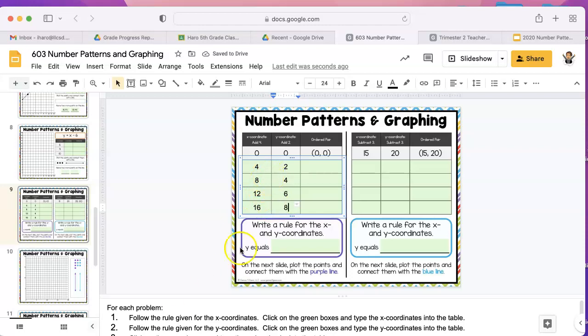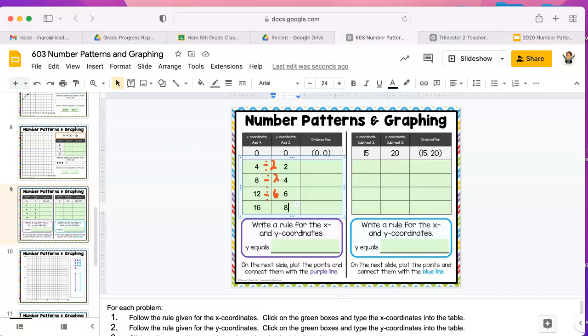So what's the rule? 4 divided by 2 equals 2. 8 divided by 2 equals 4. 12 divided by 2 equals 6.